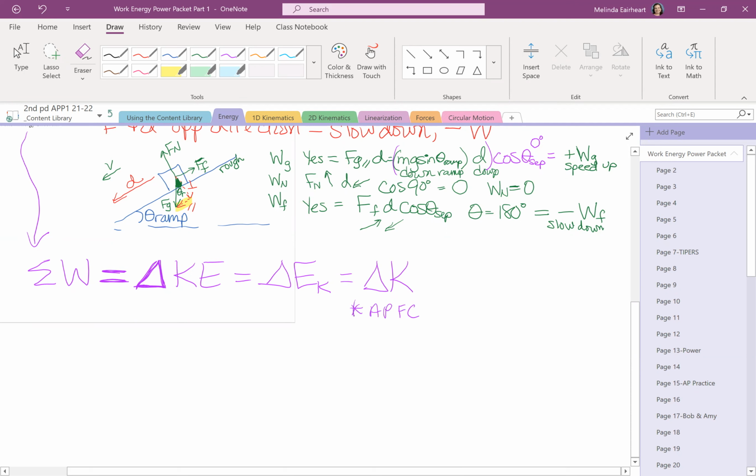Now again, no one consulted me, but I usually don't write it that way because I'm not always case sensitive when I write. Look at your formula chart, find big K and little k. Big K stands for kinetic energy. Little k stands for spring constant. That's coming next week.